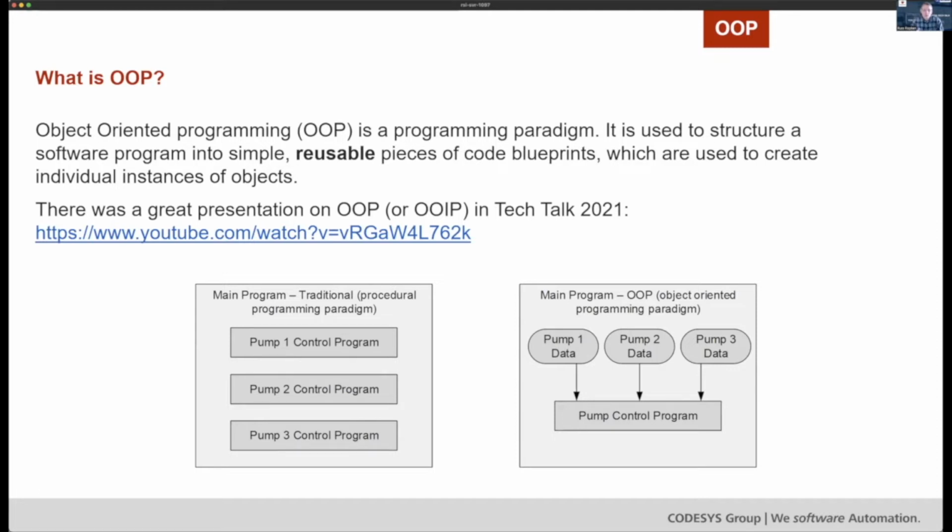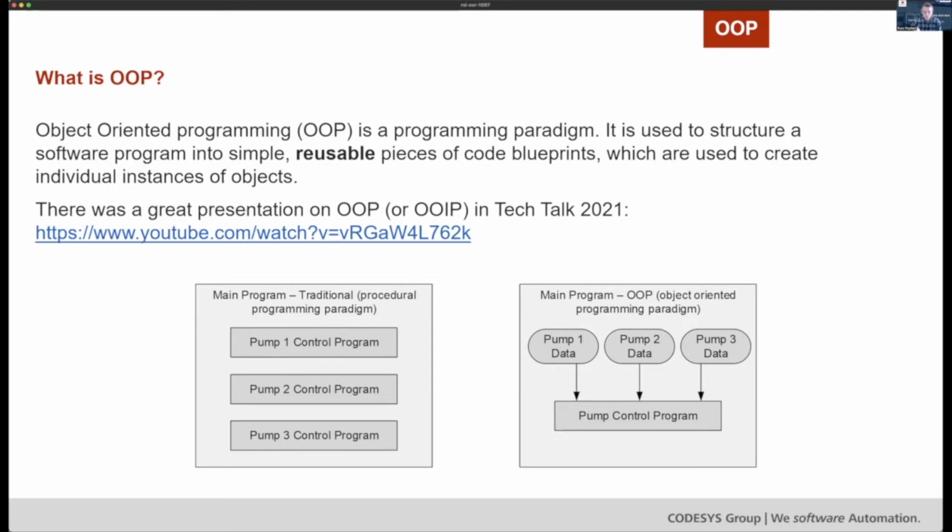But you know, the general idea is to create reusable pieces of code. And Alex actually gave you a great example of that in taking his program, making it a function block, and reusing that program over and over again, which is kind of what I'm showing down below. In the old traditional days, we had a separate program for each item or each pump.